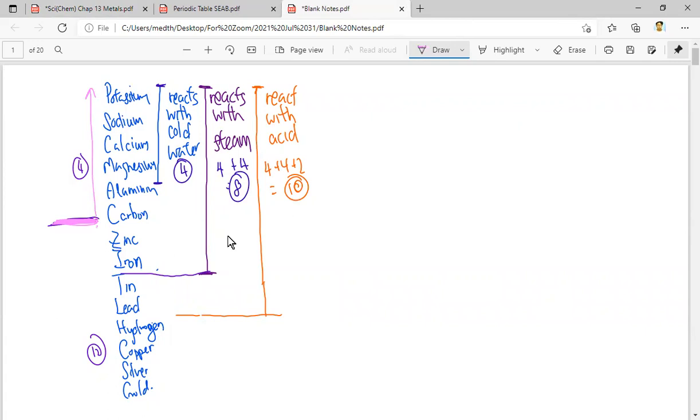So all of these elements above carbon, I use electrolysis to extract the metal. But anything below carbon, because they are less reactive, I can use carbon to kick out the pure metals. So from zinc all the way down to the bottom, I can use the method called reduction by carbon.